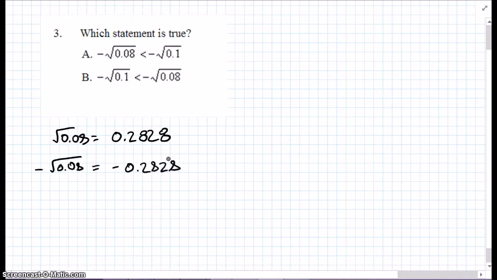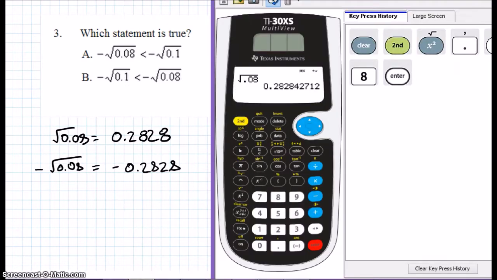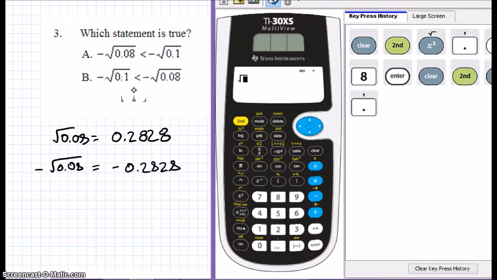Okay? We can put the other in the calculator over here, negative square root of 0.1. So let's put that in our calculator. Square root of 0.1.